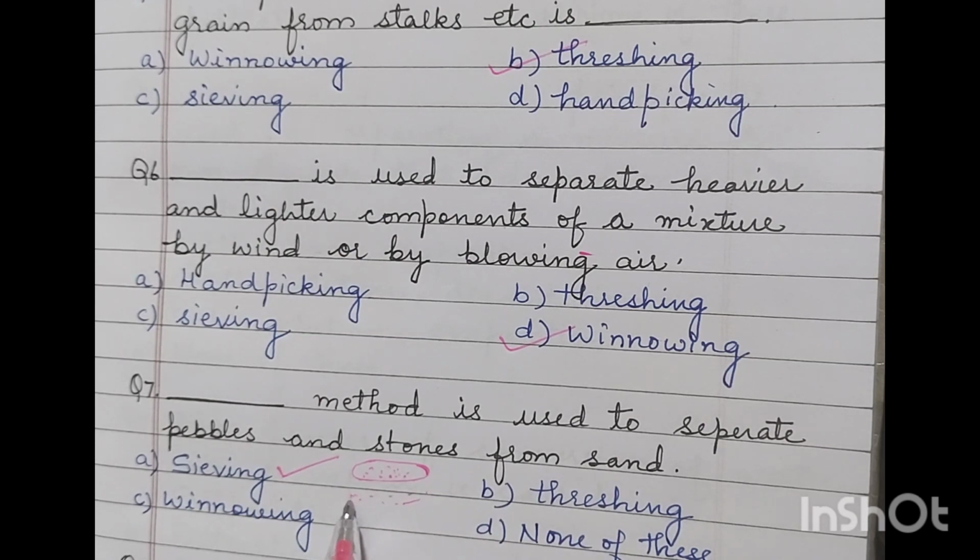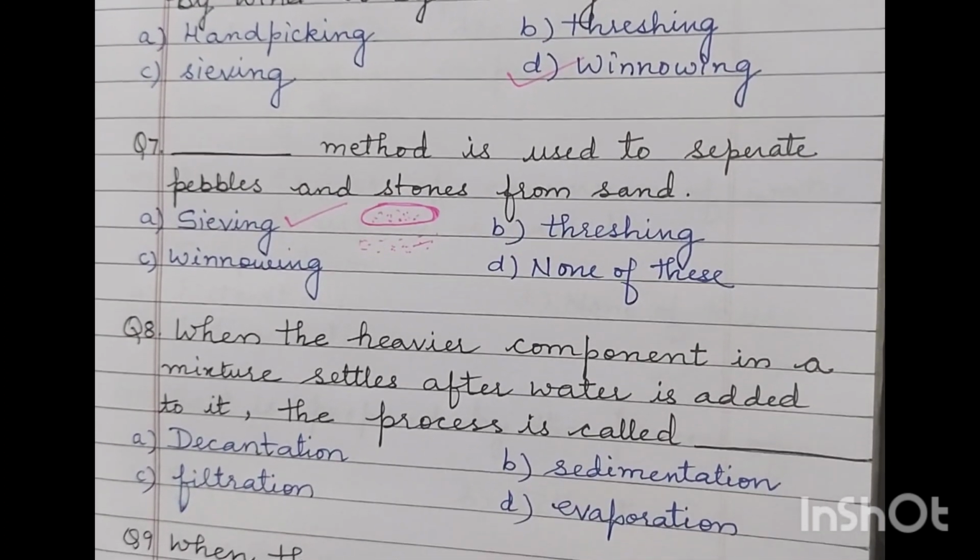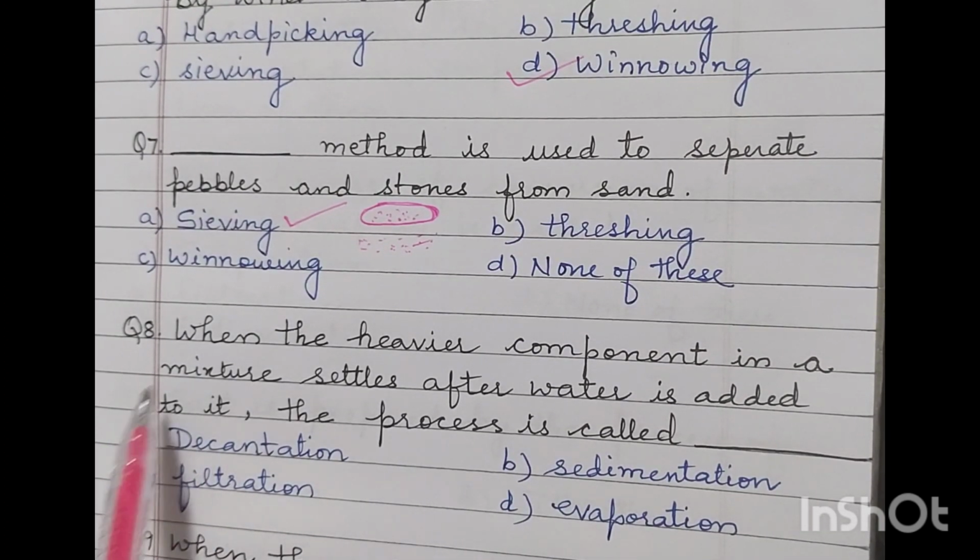The sand collects downwards, and in the sieve we are left with the pebbles and stones. That method is known as sieving, right? Next, question number 8.